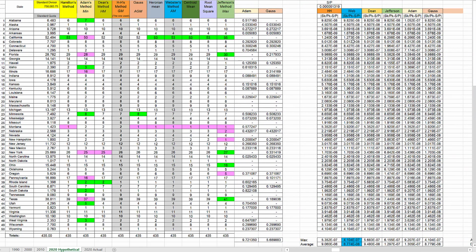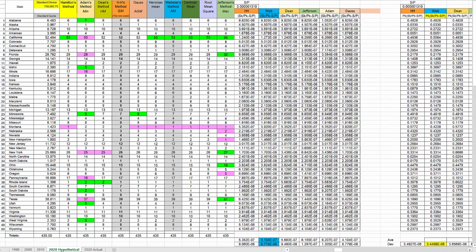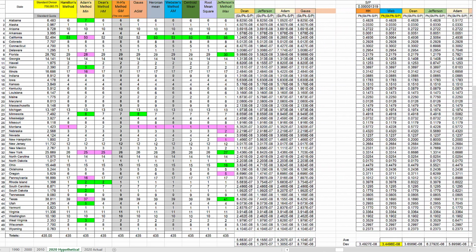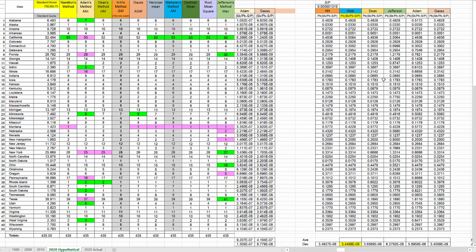Here, if you count just how much you're over or under, in other words, absolute value, Webster will minimize that, and it beat out Gauss. A little hard to see, but there you go, you can see a little smaller. And if you multiply by the number of people in each state, then Hamilton minimizes that. But Hamilton and Webster have the same apportionment with this hypothetical.